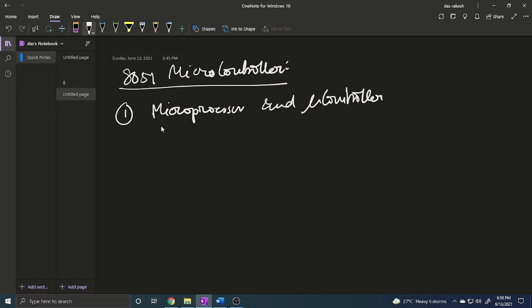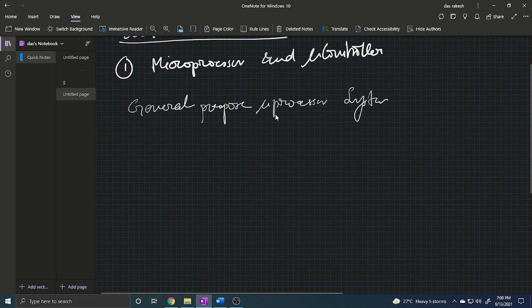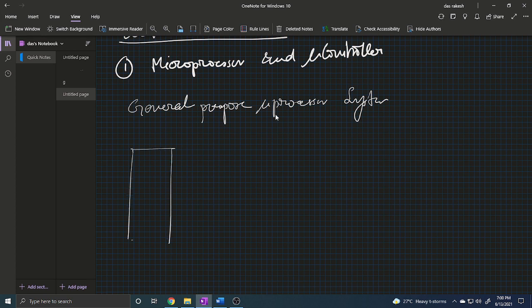So first of all, in a general purpose microprocessor system, this is a system block. The system block looks like this: this is the main central processing unit, and it contains the general purpose registers, control unit and the arithmetic logic unit.